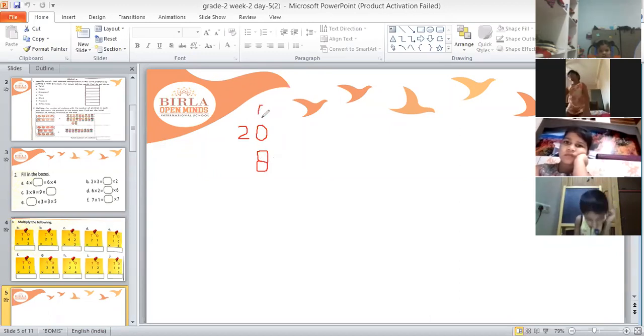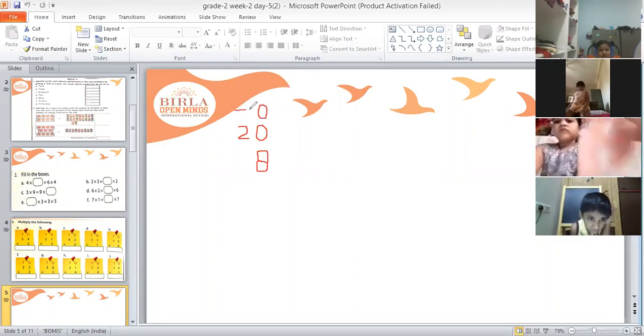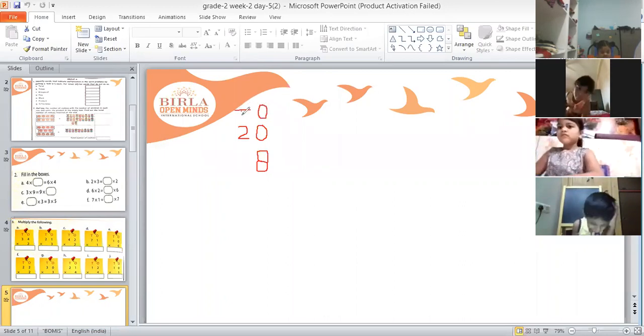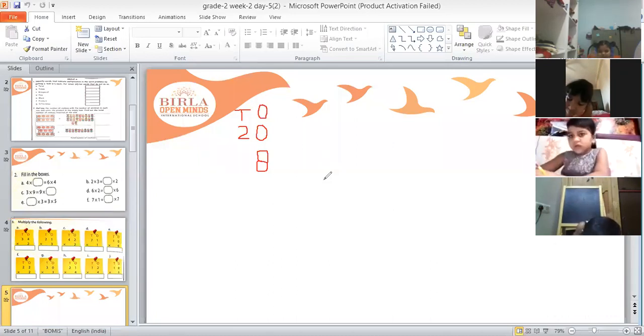Do one thing, above this 0 write O, which stands for ones, and above this 2 write T, which stands for tens. First we'll write a 2-digit number and then a 1-digit number. So 20 is a 2-digit number, so we write it first, and below we write 8, because 8 is a 1-digit number.